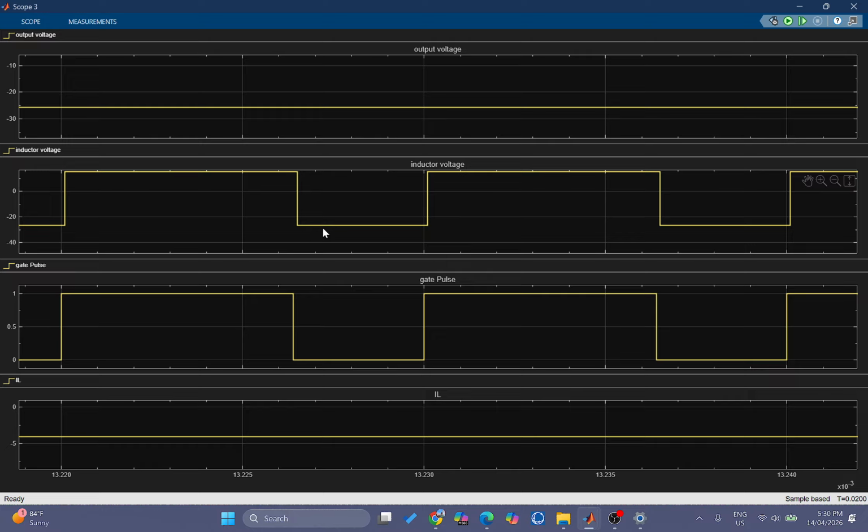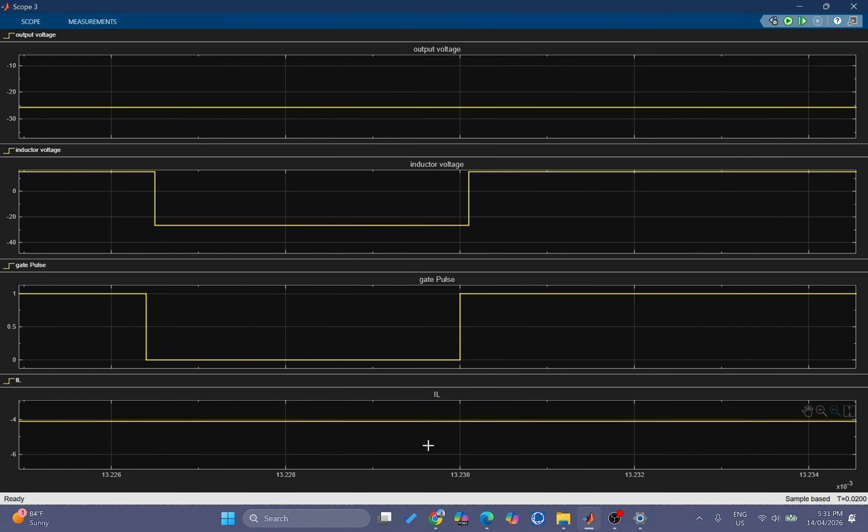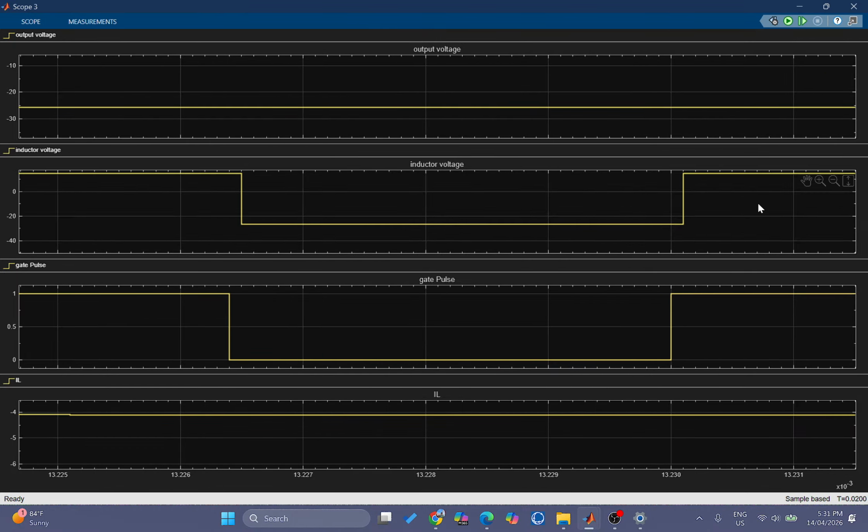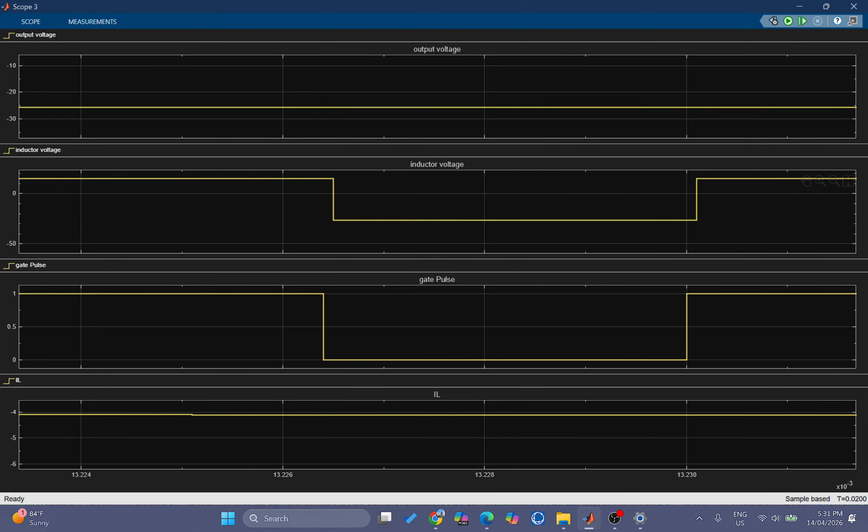That means the output is drawing from the inductor, from the source. This is a source inductor L1. Now the current is approximately -4. That is the waveform here.